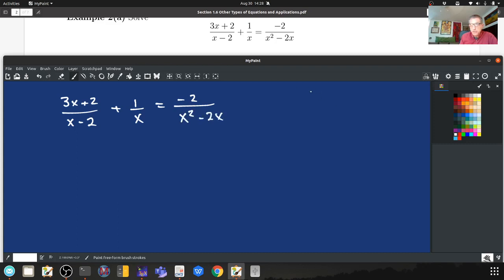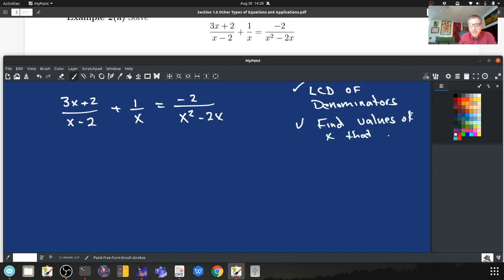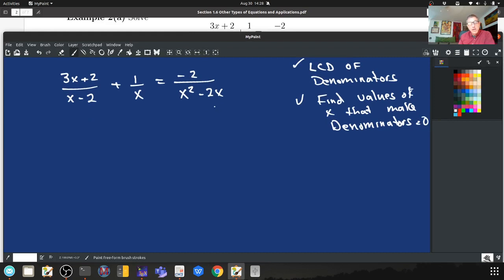So we have to find the LCD of the denominators. That's one thing we have to do. And the other thing is find values of x that make the denominators 0.